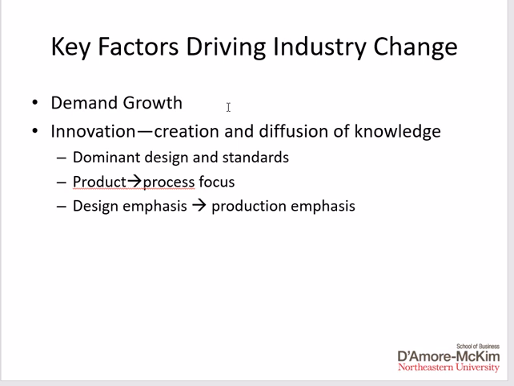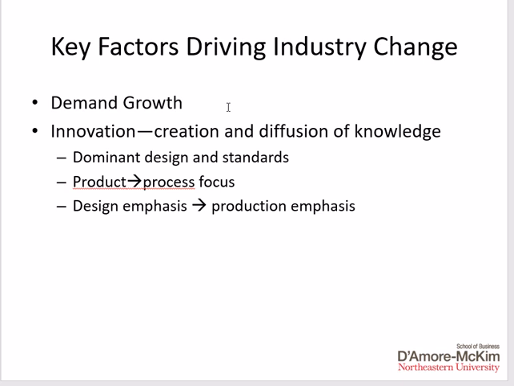On the supply side, we often see innovations where new creations or new knowledge is created or shared, and we start to see dominant designs take shape. And so what ends up happening is we first tend to see a product innovation, which really drives industry growth initially, but then over time we start to see process innovations, which then add slight improvements to that product or service and continue to drive industry growth.